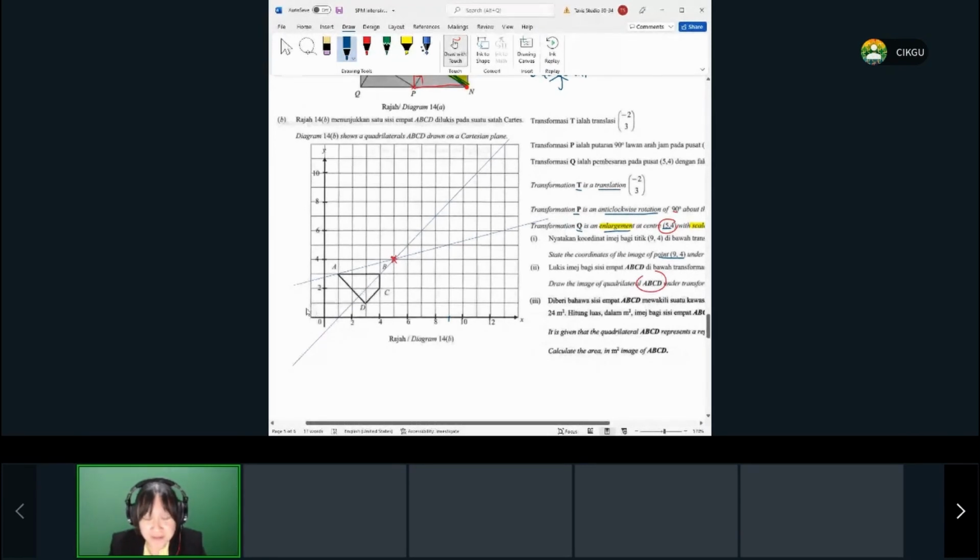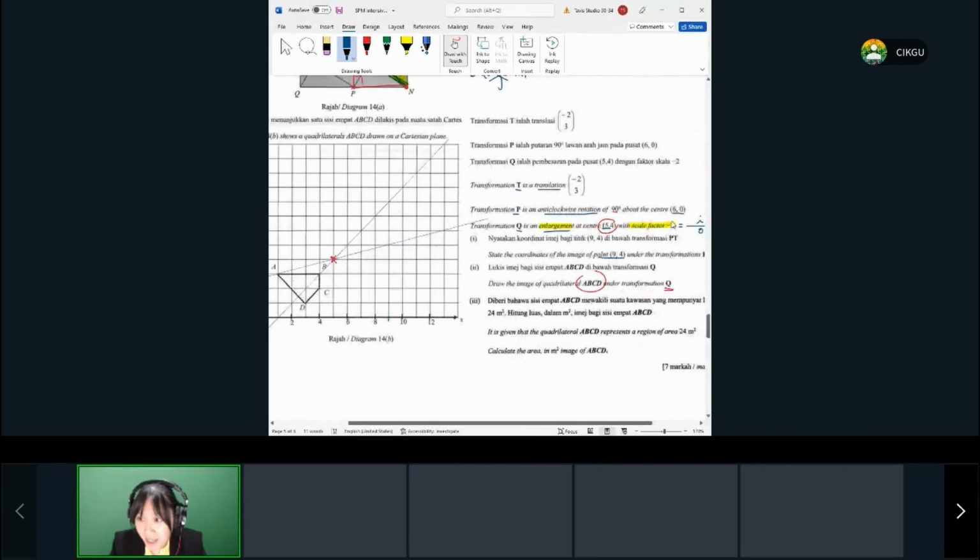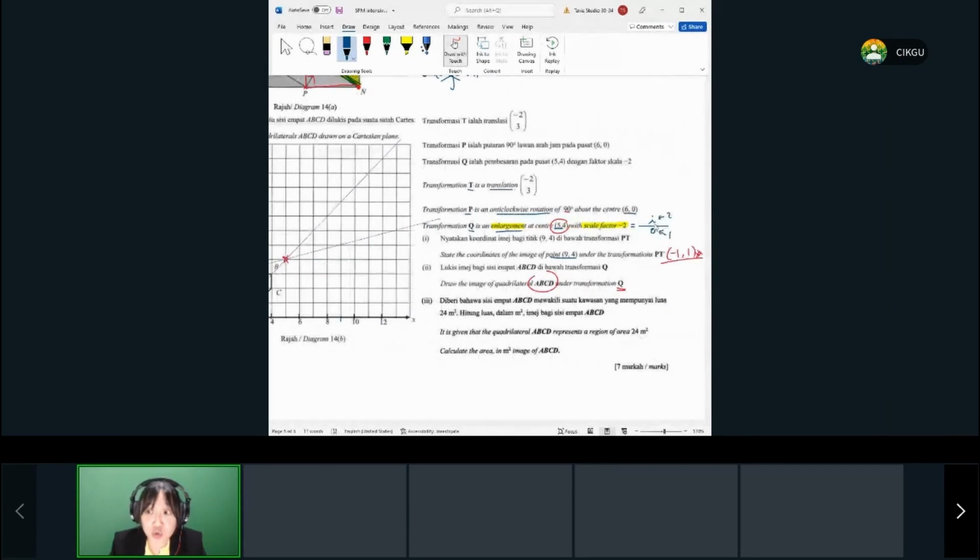Because we need to go in the opposite direction. Opposite direction is denoted by the negative scale factor. It tells us we have to come the other direction. And 2 means the image is 2 times as big as the object.